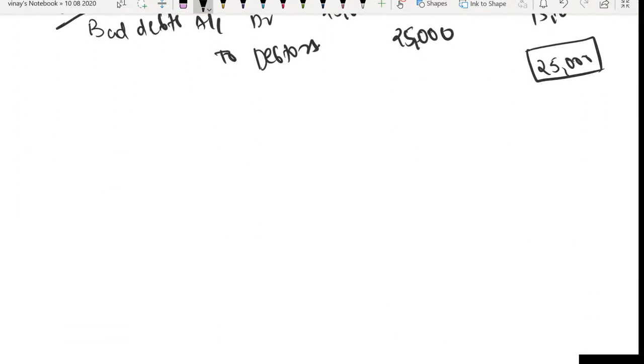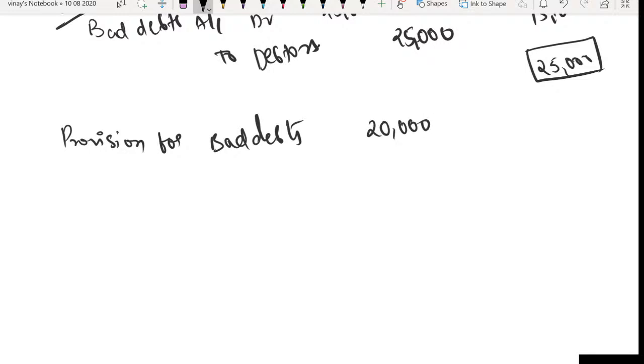Then I have a provision of 20,000. So provision for bad debts account, I have just 20,000, to bad debts account 25,000. Actually, this year you have to transfer 25,000 to the profit and loss account.